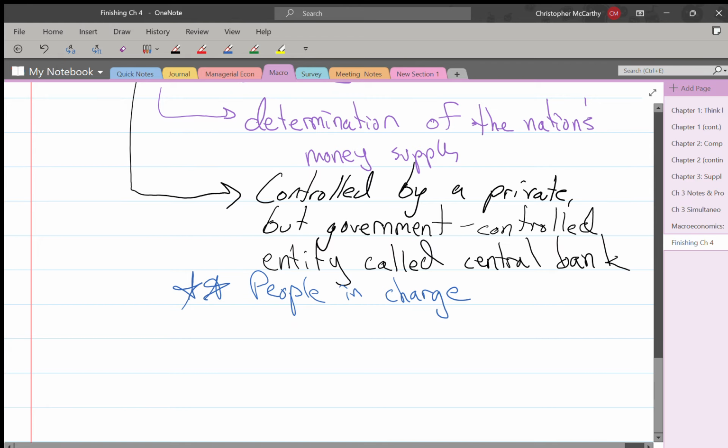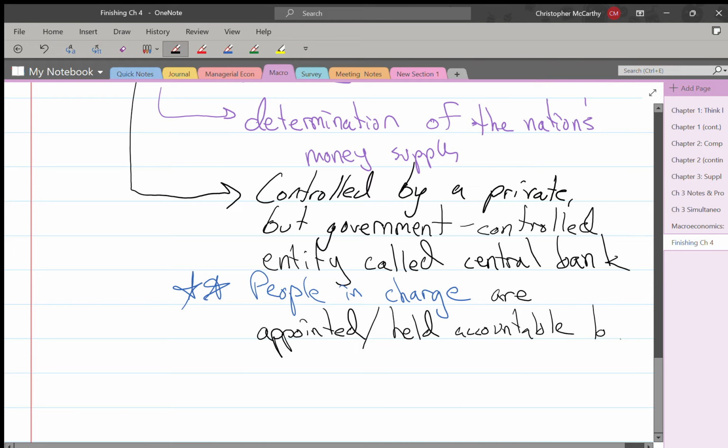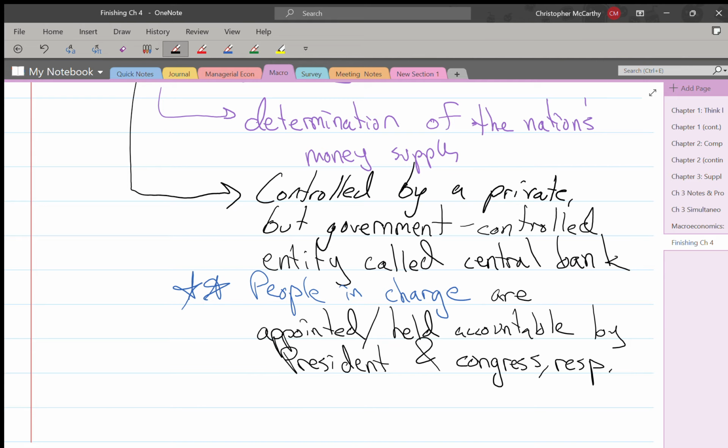And so these people in charge are appointed and held accountable by the president and Congress, respectively. So they're appointed by the president, they're held accountable by Congress, right? You'll see the head of the Federal Reserve or the board of the Federal Reserve be called up in front of Congress for questioning.